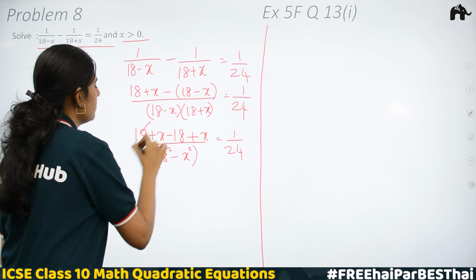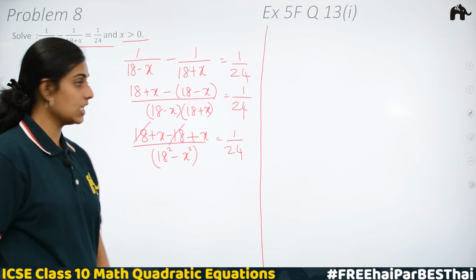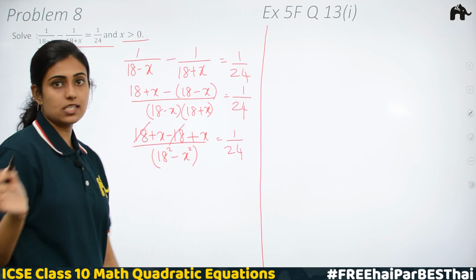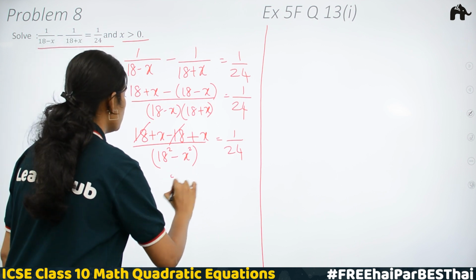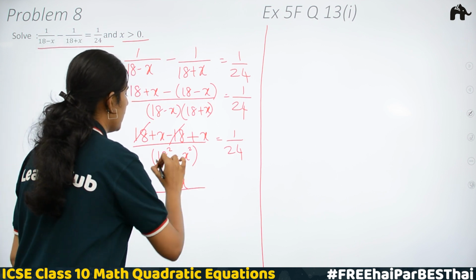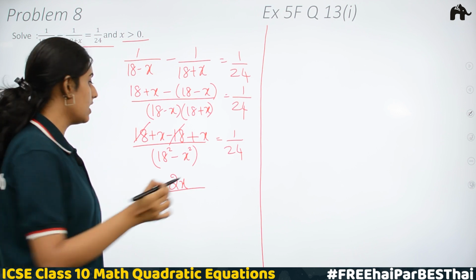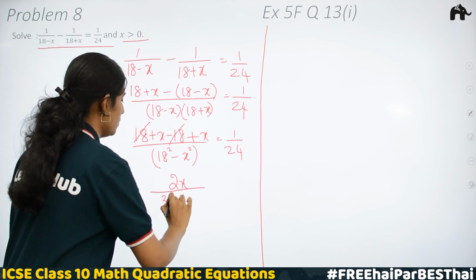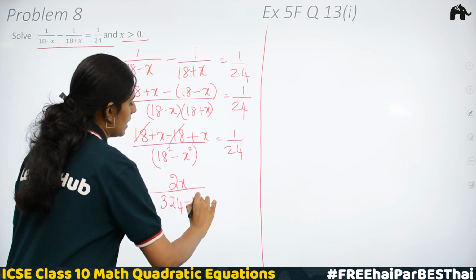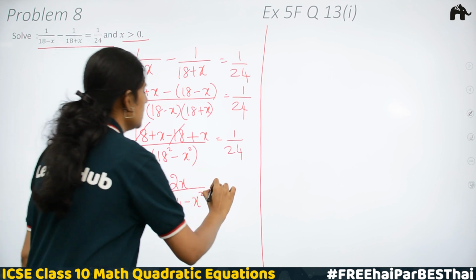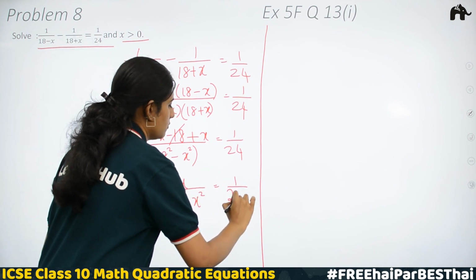Here in the numerator we can cancel 18 and minus 18. x plus x is 2x. 2x divided by, what is 18 square? 18 square is 324 minus x square, is equal to 1 by 24.